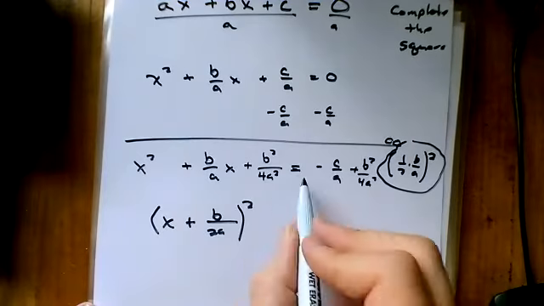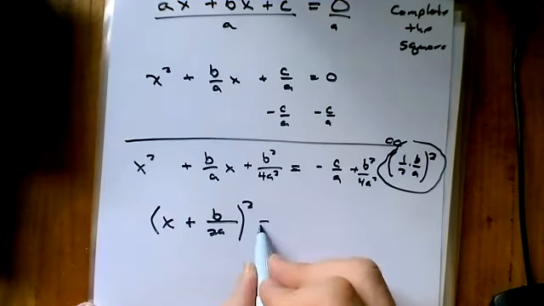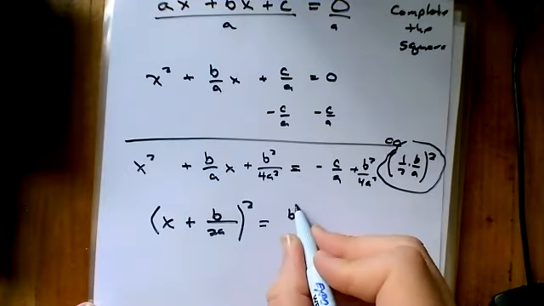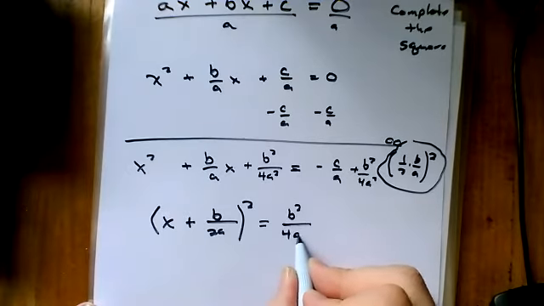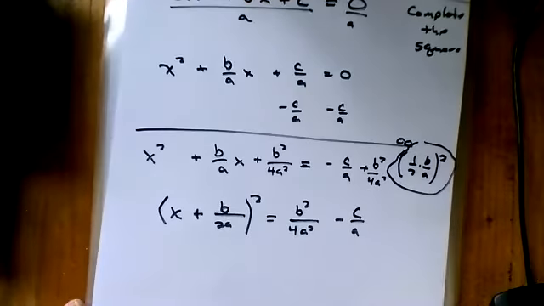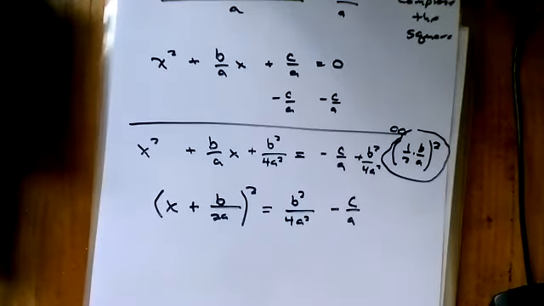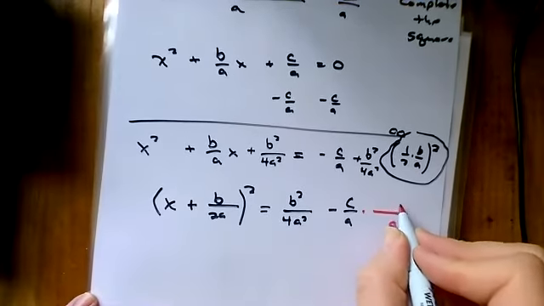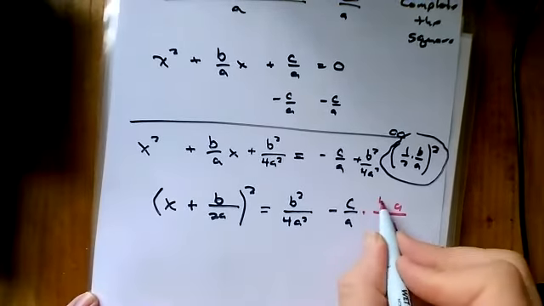Now, this is still a little bit messy. So I need to figure out how to add these two things together. So I've got this. I'm going to put that b squared at first. So b squared over 4a squared minus c over a. And I need to have a common denominator. It looks like I've already got a factor of a down here, so I'll need another a to make this an a squared, and I'll need a 4 as well.